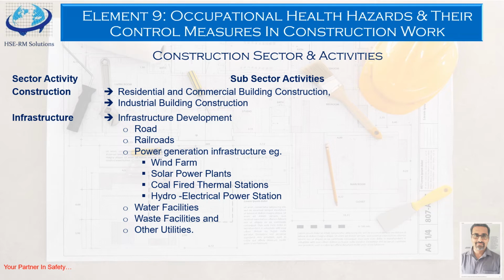Rest all are primarily infrastructure development activities. ये बाकी की जितनी भी एक्टिविटीज हैं, ये सारी इंफ्रास्ट्रक्चर डेवलपमेंट एक्टिविटीज हैं। Roads, railways, power generation infrastructure, wind farms, solar power plants, coal fired thermal stations, hydropower electric stations, water facility, waste facilities, and other utilities. All these things come under infrastructure development.